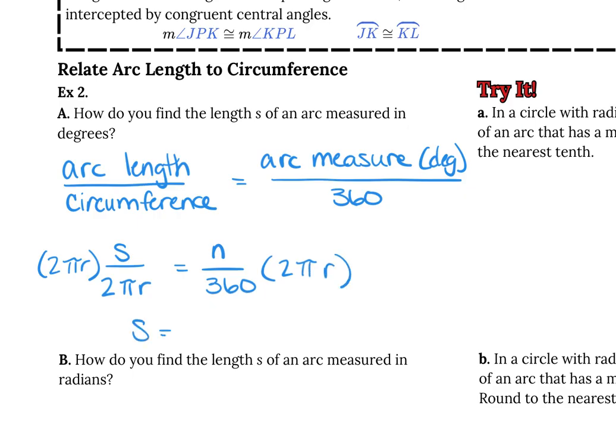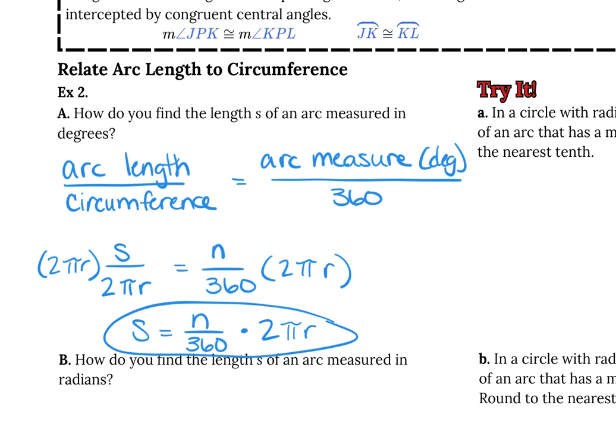That's going to get me S equals N over 360 times the 2 pi r. So that's how I would find the length in degrees.